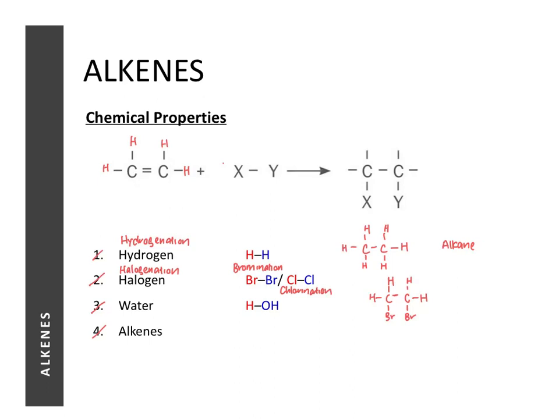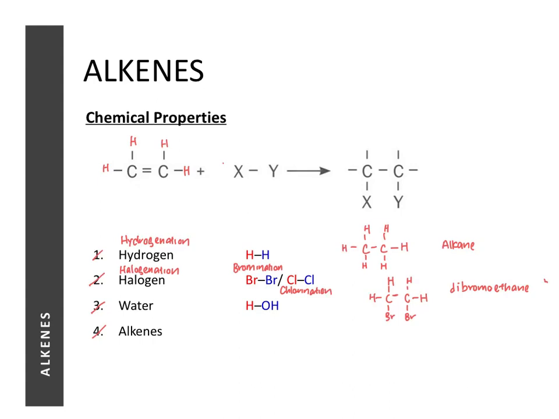Now how do I name this compound? Since the alkane contains bromine, we call it bromoethane. And since there are two bromines, we call it dibromoethane.